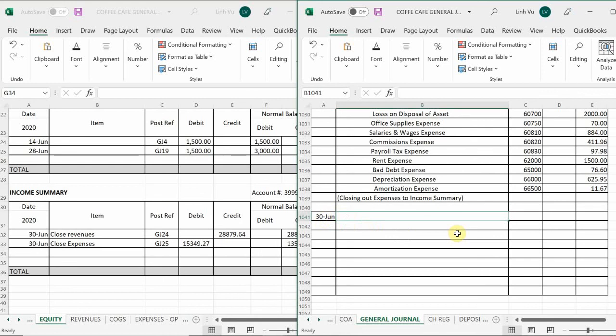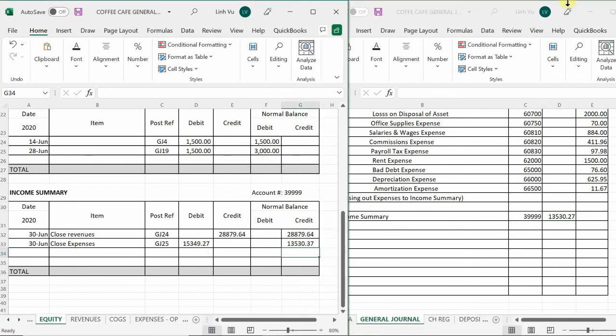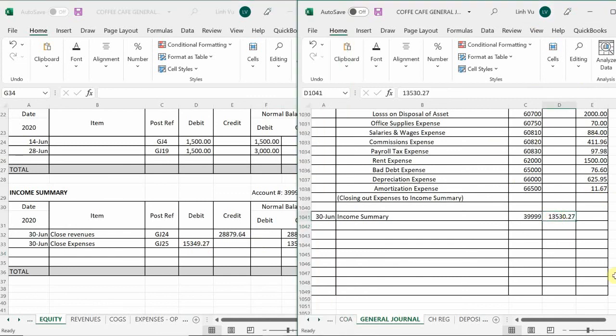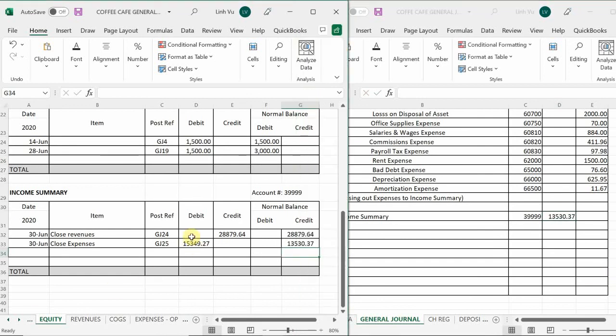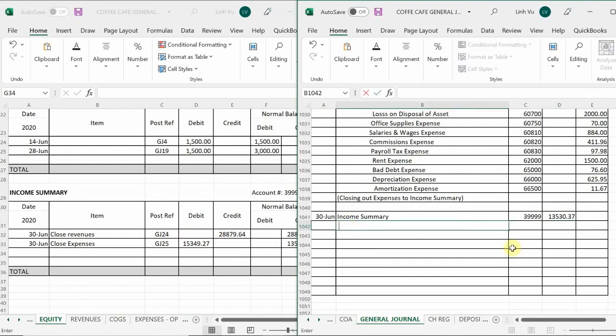So for the 13,530.27, I'm sorry, 37. Okay, 13,530.37, and I'm going to credit that to my owner's equity.